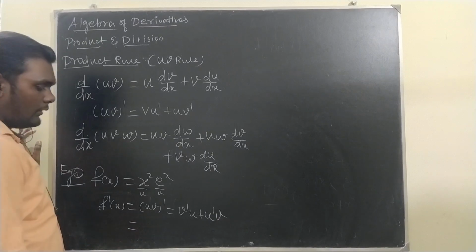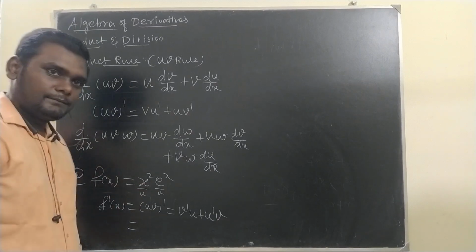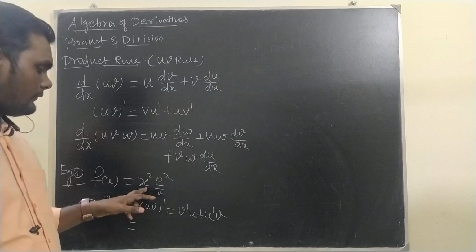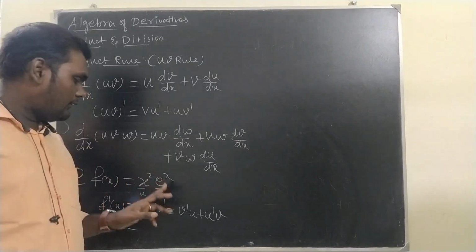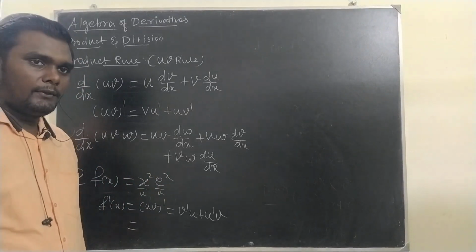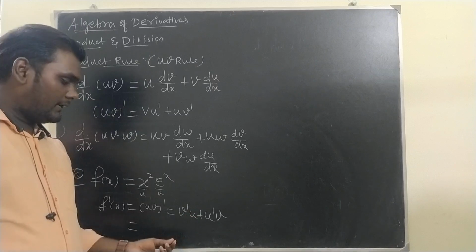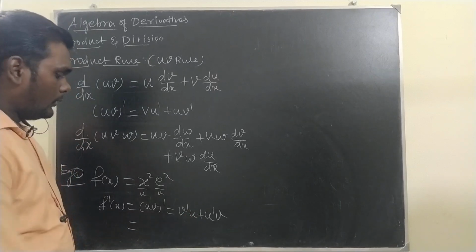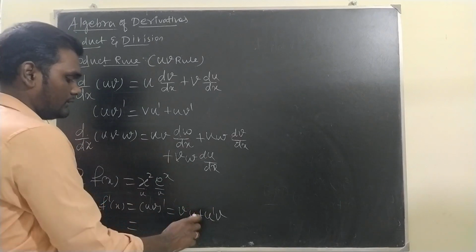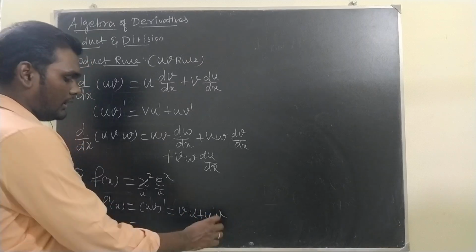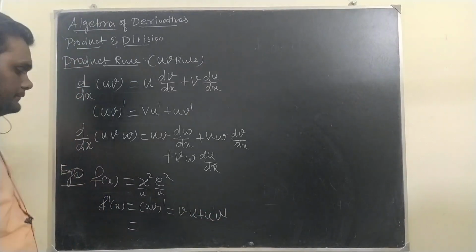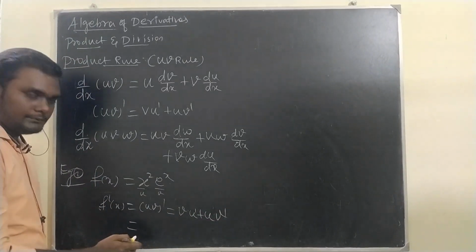So what is u? What is v? You know, right? u is x square. v is what? Just apply as it is. Oh, I wrote the other one here. This is also correct, but it is v u dash plus u v dash. Sorry. Then v is what?